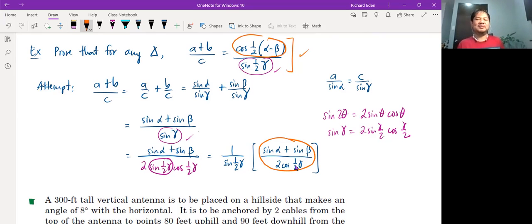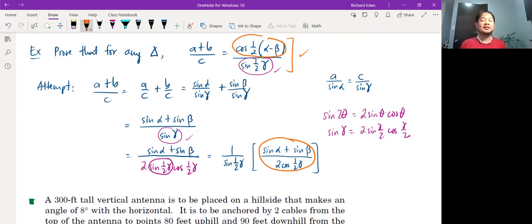Hindi, pwede yan. Ganito, look at the encircled. Nung target natin, cosine half of alpha minus beta. In what we currently have, ando ng alpha, ando ng beta, and andito pa rin ng gamma in the denominator. But if you look at the target, wala na nung gamma. So dapat mawala nung gamma.